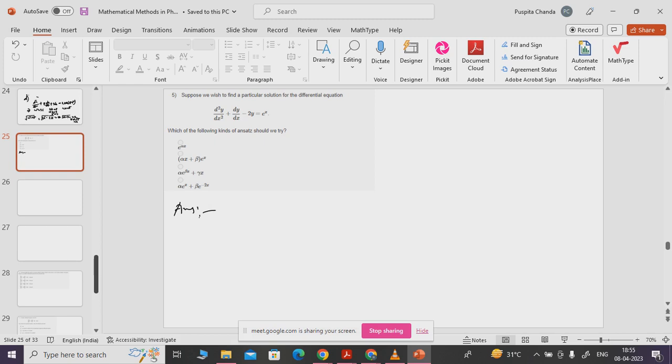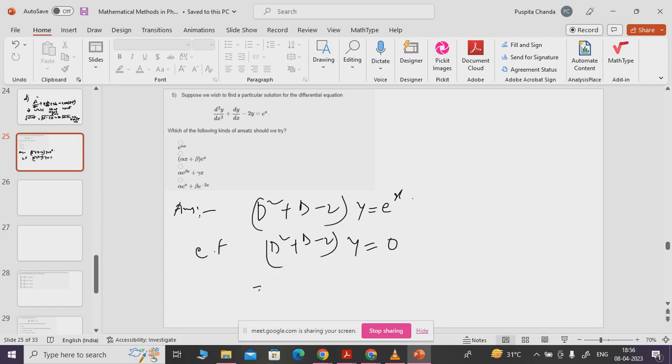So suppose we wish to find a particular solution of the differential equation. Here it is said that we want to find a particular solution. We can do it by any method. So this equation can be written as (D square plus D minus 2) y is equal to e to the power x. For the complementary function, (D square plus D minus 2) y is equal to 0.